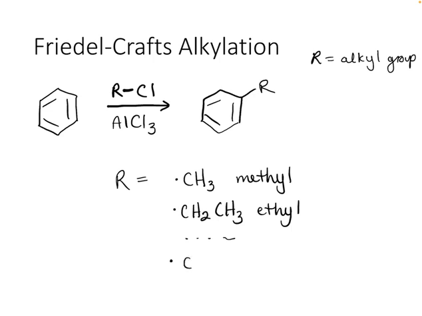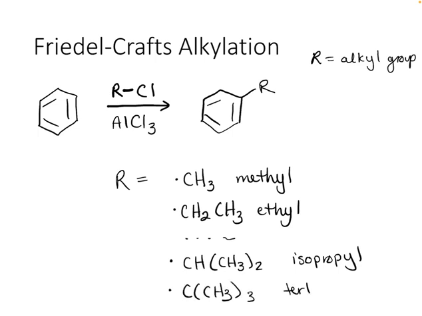So for instance, isopropyl or tert-butyl. The main thing here is notice we don't have any double bonds or triple bonds on our group. So these have to be alkanes, so all single bonds.